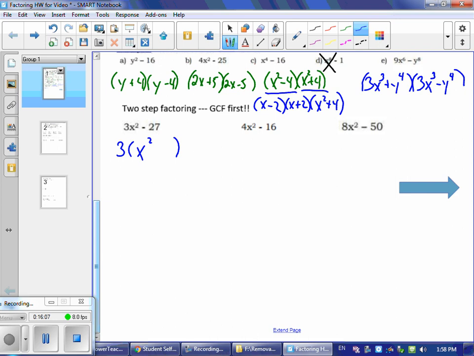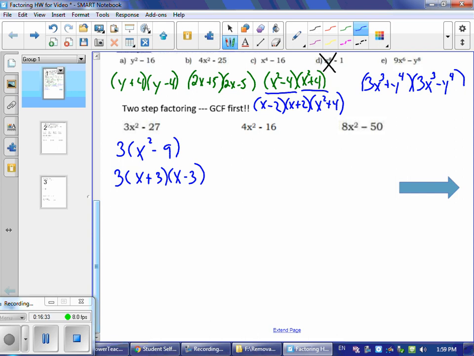And then 3 times what would give you the 27? And that would be 9. Then you need to recognize, oh, wait a minute, x squared minus 9. Two squares, and there's a difference in between. So that will factor to x plus 3, x minus 3, being very careful not to lose the first 3 that we factored out in the first place.